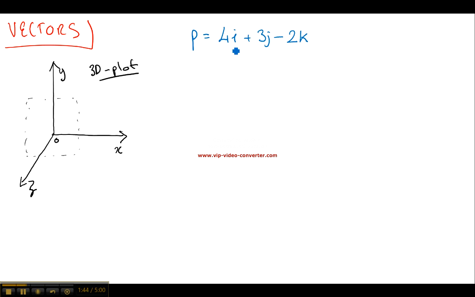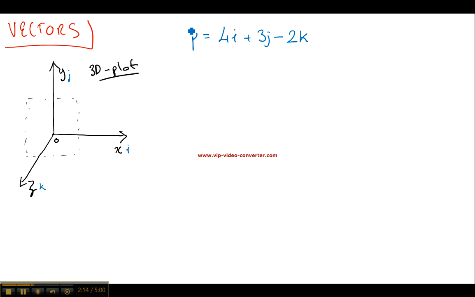Basically each one of them represents your plot in this 3D plot here. So we've got an i coordinate, which is usually represented by our x, j represents our y, and our k represents our z-axis. Okay, so that's the way we plot it, and also how we represent a vector.